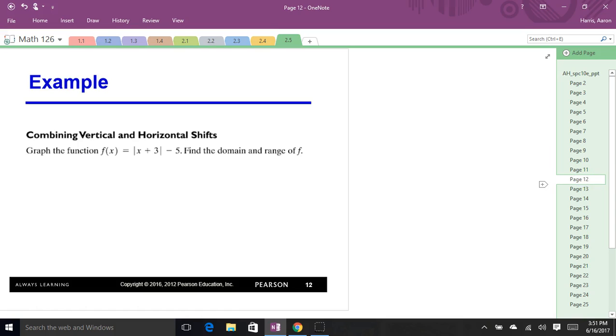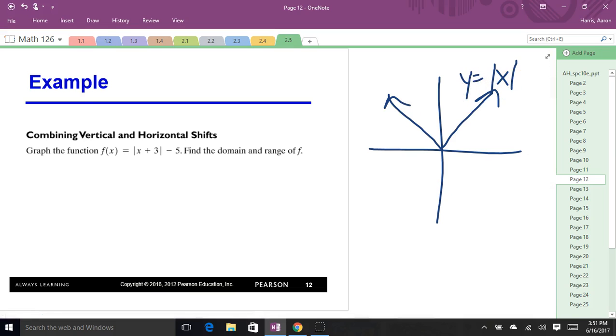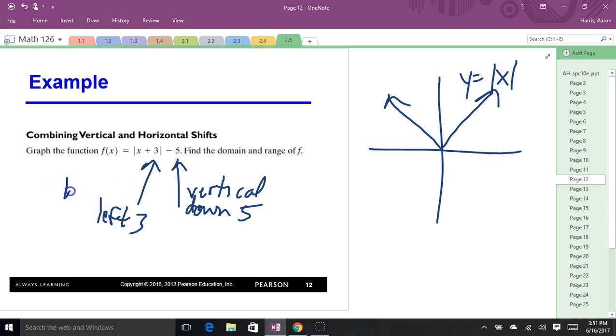Alright, so now what if you have a vertical and horizontal shift here? Well, this one's the old classic. The parent function here is the absolute value. So here's the absolute value function, original parent graph. So if you notice the minus 5 on the end, that thing's going to go vertically down 5. And that right there is going to move it left 3.